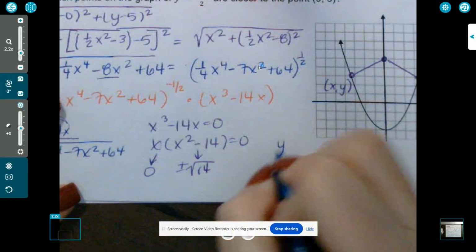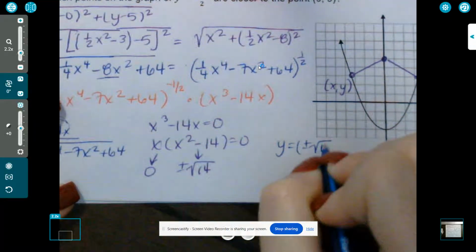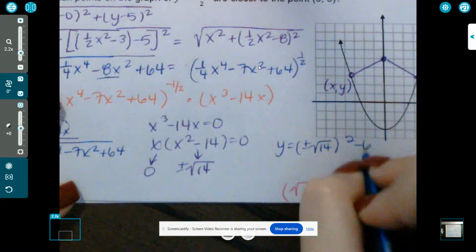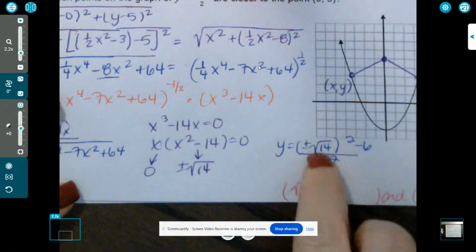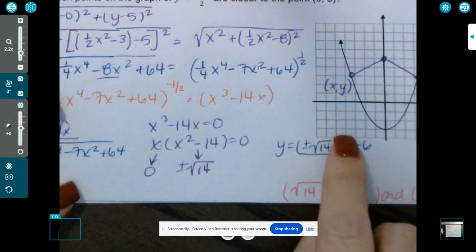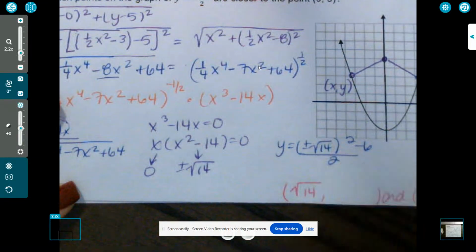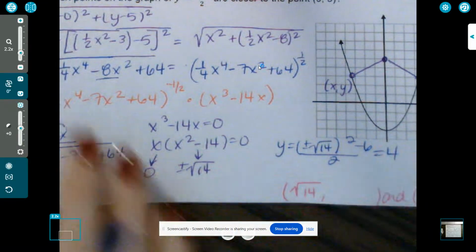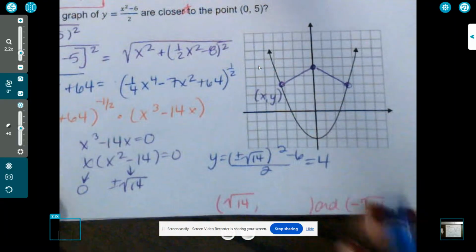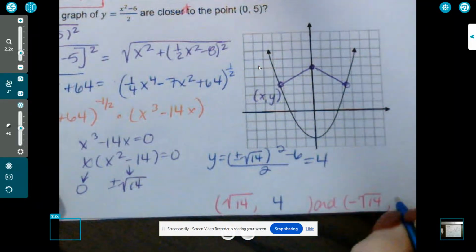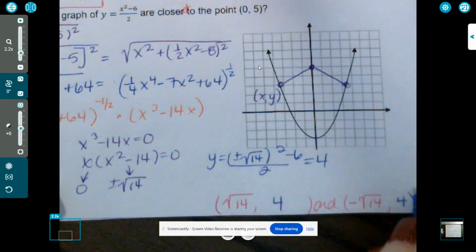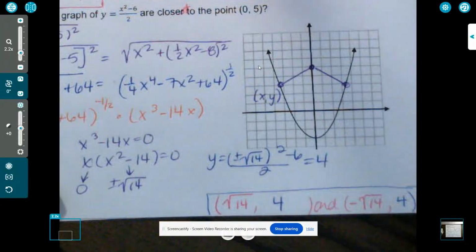So y is going to equal plus or minus the square root of 14 quantity squared minus 6 over 2. So square root of 14 squared, whether it's positive or negative, is going to become 14. 14 minus 6 is 8. 8 divided by 2 is 4. So our two ordered pairs here are square root of 14, 4, and negative square root of 14, 4. So that's what you're looking for in that problem.